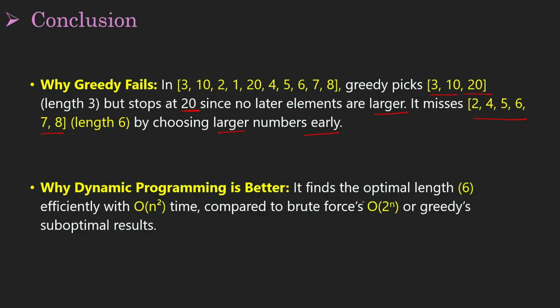Why dynamic programming is better. Memoized array checks all possible ways to build subsequences ending at each position, ensuring no longer subsequence is missed. It finds the optimal length, 6, efficiently with O of n squared time, compared to brute force's O of 2 to the power n or greedy's suboptimal results.